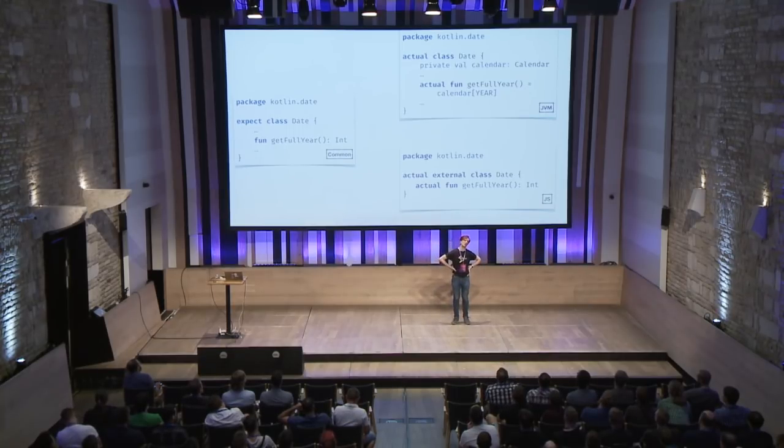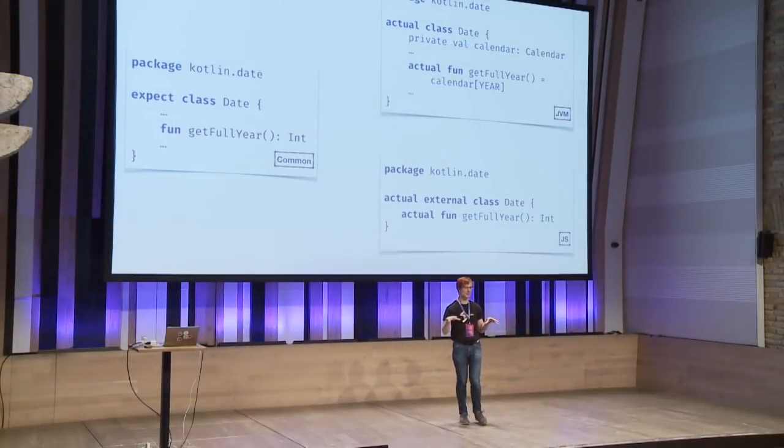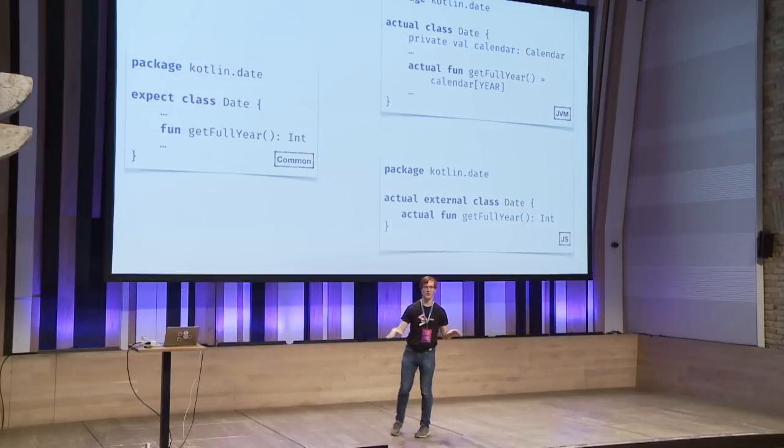And because Kotlin to JavaScript compilation is basically a source-to-source translation, every time the Kotlin compiler encounters the usage of the class Date, it will just output the Date identifier in the code. And every time it sees this getFullYear method, because it's an external one, it will just output getFullYear to the generated JS. And then it's the responsibility of the developer to declare these external APIs correctly.